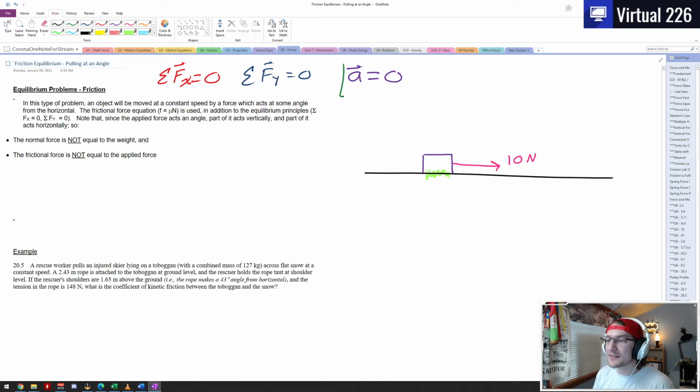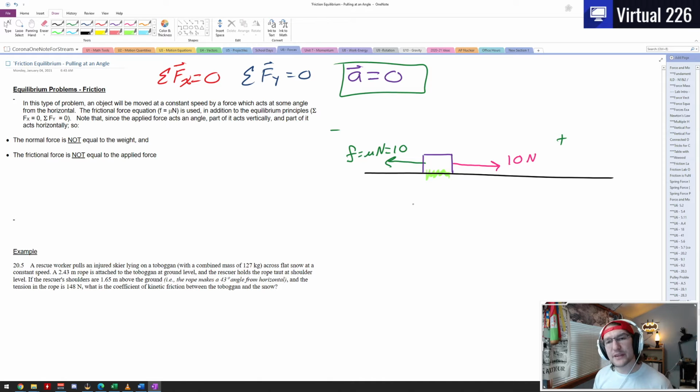And if our acceleration is 0, we're not speeding up, we're not slowing down, this would imply that the friction is going to be equal to 10 newtons as well, because if this is positive 10 and this is a minus something and our acceleration is 0, this better be 10 here, right?